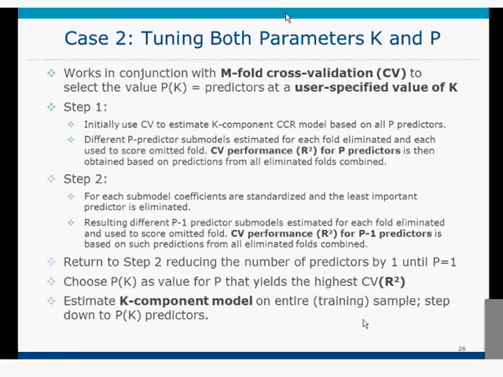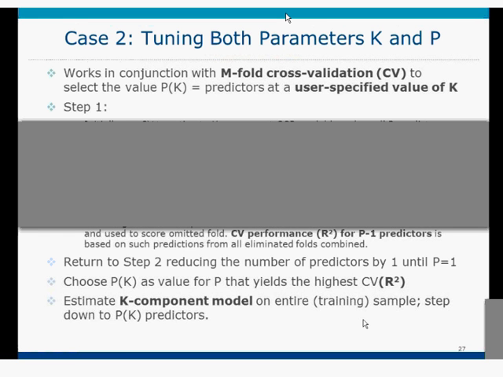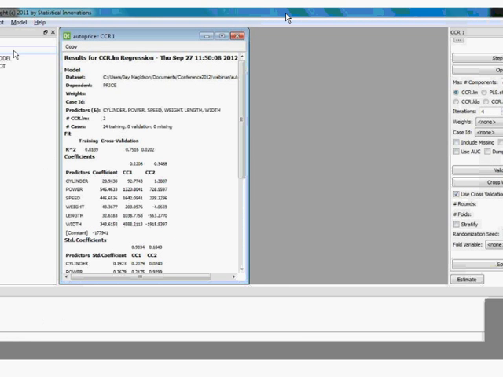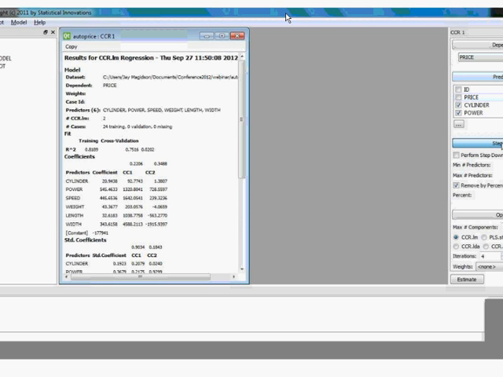Okay, so let's actually look at that now. We go here and we say we have 2 components. We turn off automatic and we go to step down. Perform step down regression.